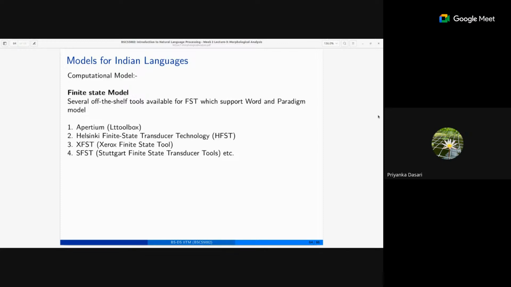This one is for automata and this one is for finite state transducers. There are also two materials I've found that may be helpful for your further reference. You can refer to these materials for these topics.